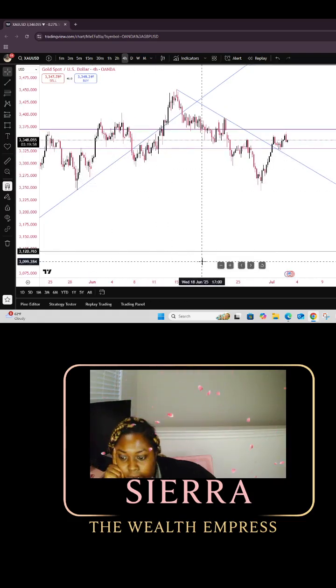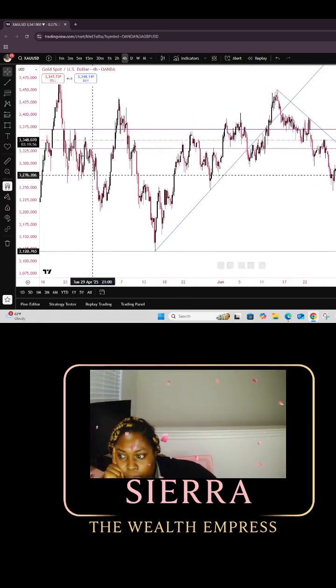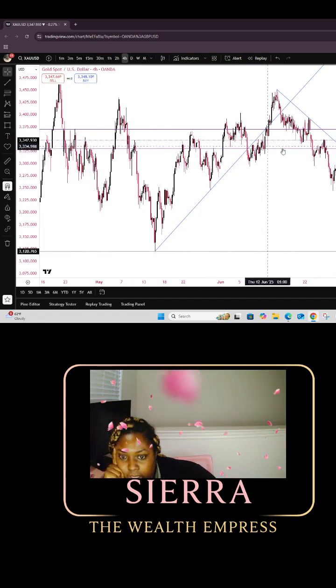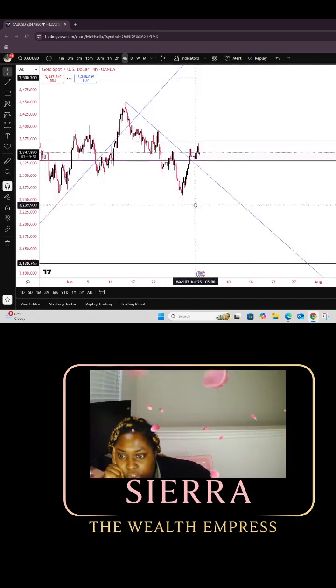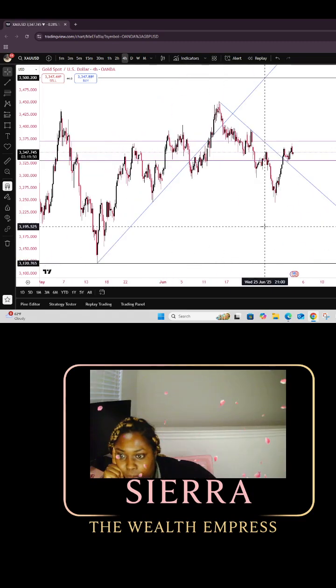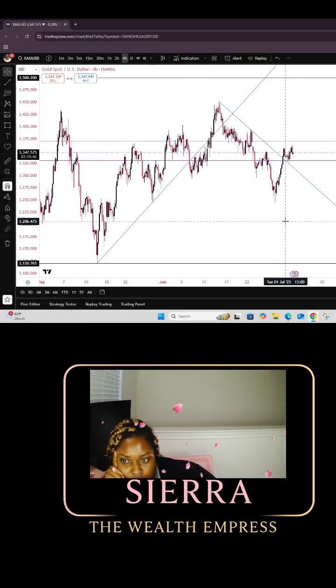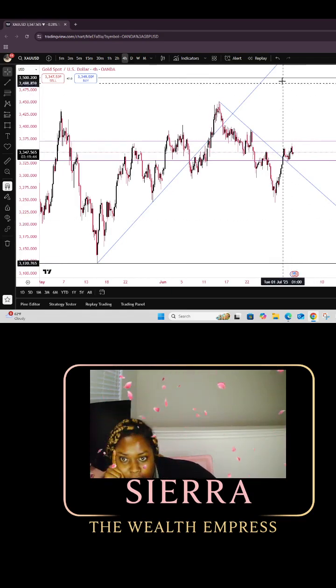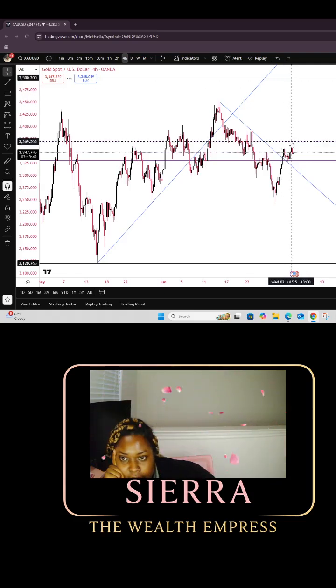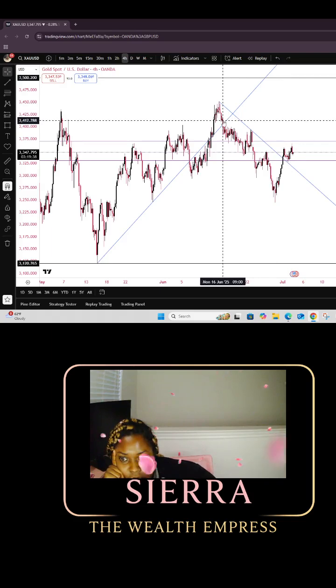And bam, look at how beautifully price respected this area. Okay. So now we got even more precise on our zones. Now I want to mark something in between this area and this area. Remember, this is our all-time highs. I do see a fair value gap here, and I see one here.